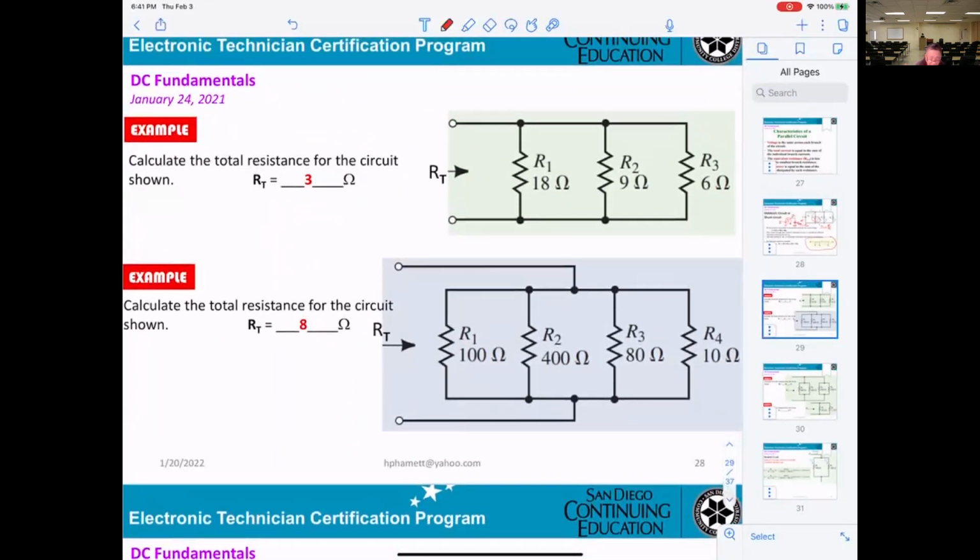Now, in here, they give you a parallel circuitry R1, R2, R3. They want to get the R total or R equivalent. You do the calculation and tell me, do you get 3 ohm or not? I want to verify whether that answer is right or wrong.